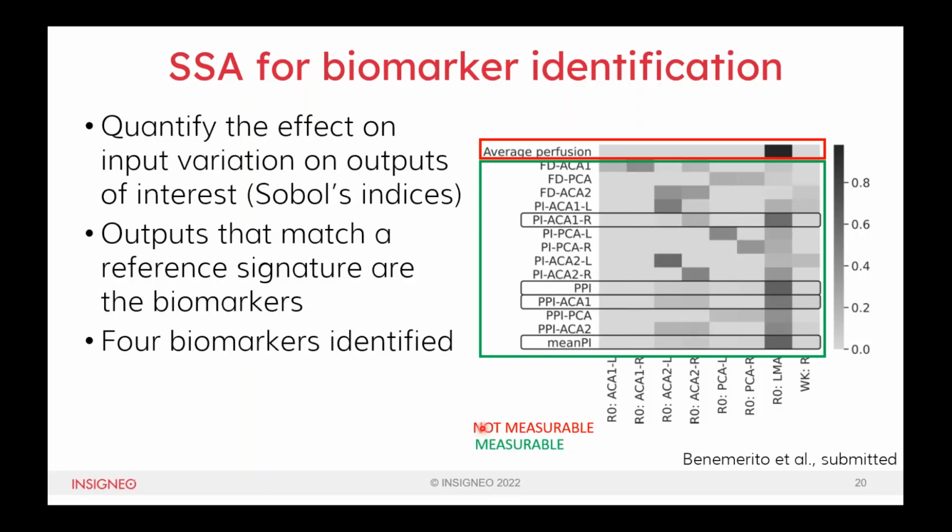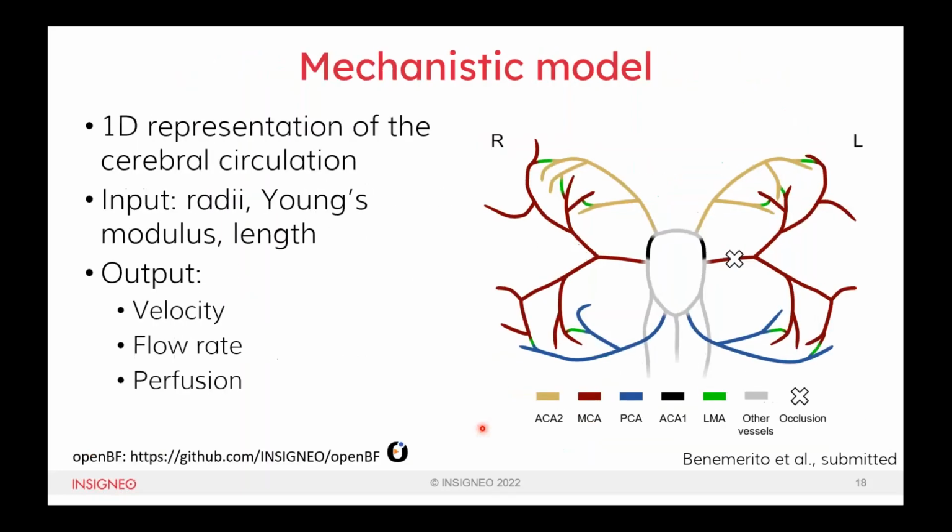Yes, quite clearly yes, because the topology of the network changes dramatically. So all the redistribution patterns are quite different. If we have the occlusion here, the blood is not entering this region and is going through the other side. But if you occlude a different vessel, then you are studying a completely different problem, and you have to retrain the network.